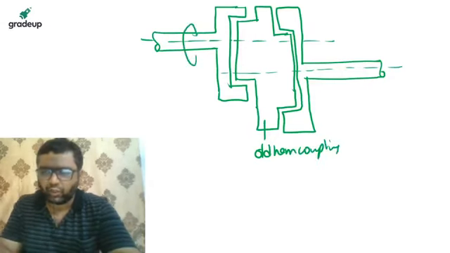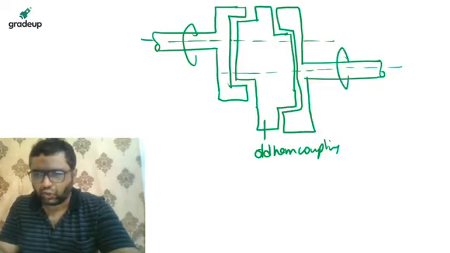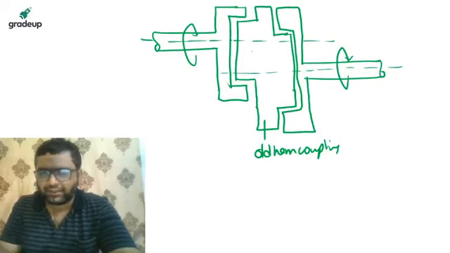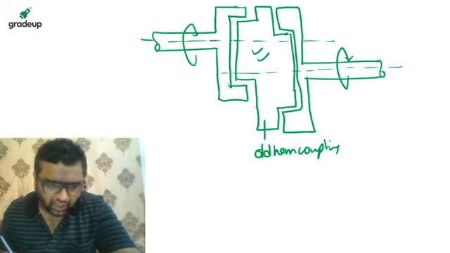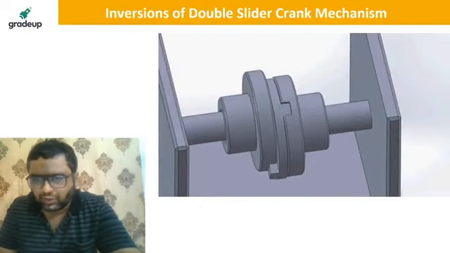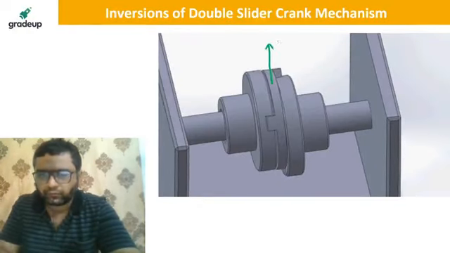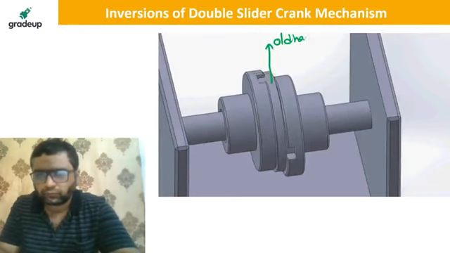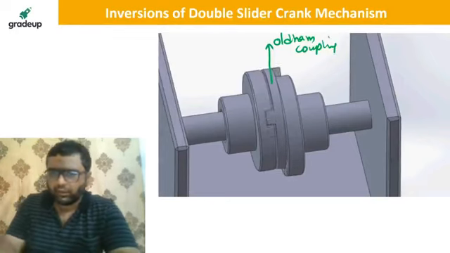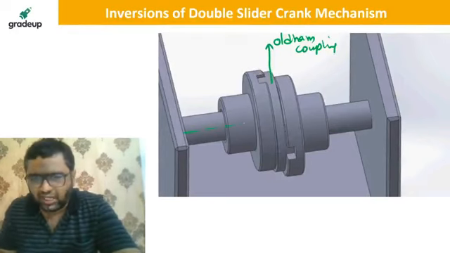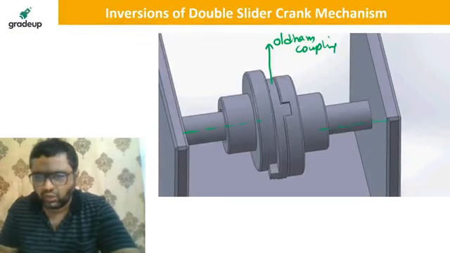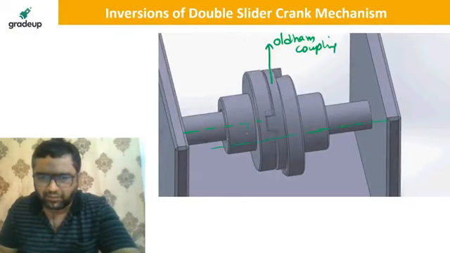When this shaft will be rotating, this shaft will also rotate. And my dear, this coupling is having this kind of structure. Now I'm going to show you that. This is Oldham coupling. This is driver shaft, this is driven shaft. You can see there is some lateral misalignment between them.